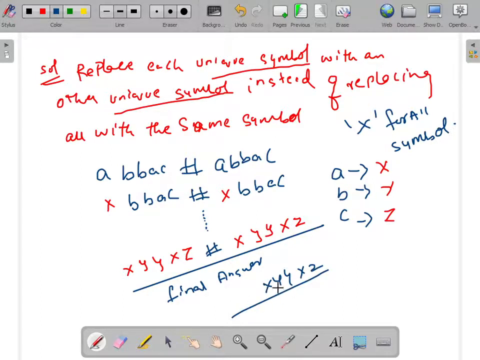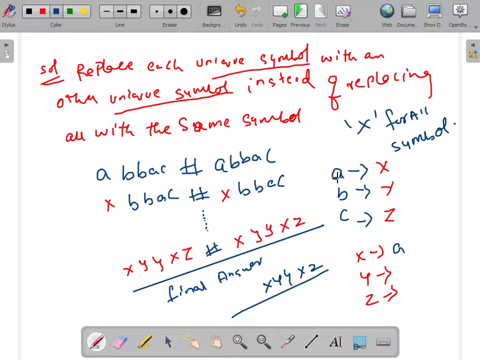If you change from X, Y, Z back to the original text, what is X?